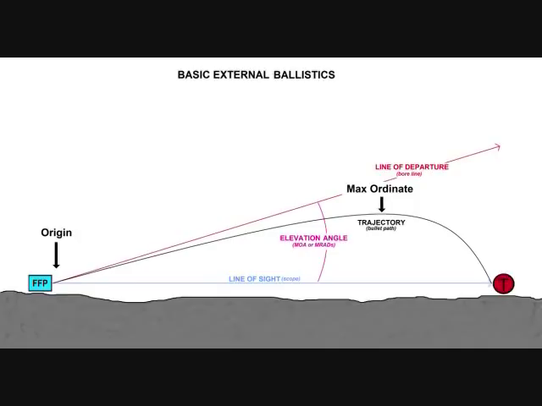So it's going to be skewed just a little ways past dead center, usually. The descending branch is after the summit, or the maximum ordinate. After the high point, your bullet begins to descend on its way down towards its final approach to the target. That's called the descending branch. And then the whole base of the trajectory is just called the base of the trajectory. And then when it reaches the terminus, that's when it hits the target.